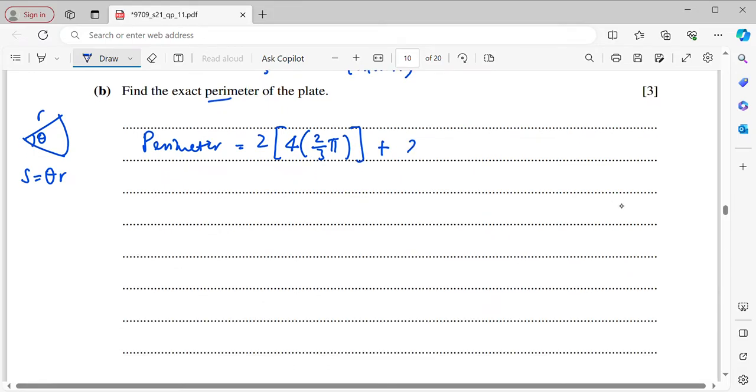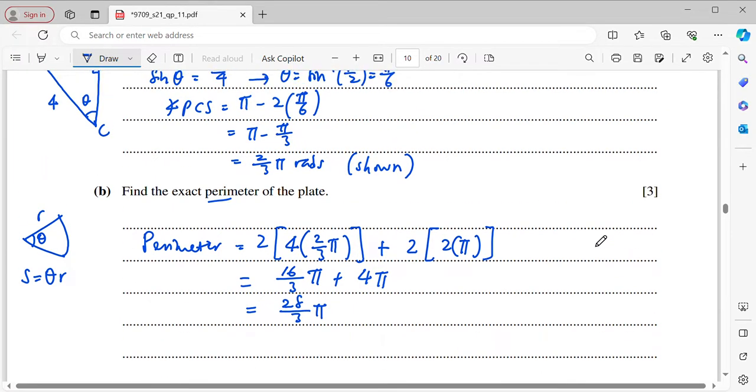So I will write 2 times 2 pi. Therefore, the first one is 16/3 pi, and the next one is going to be 4 pi. So at last, it will be 28/3 pi. So that is the perimeter of the plate.